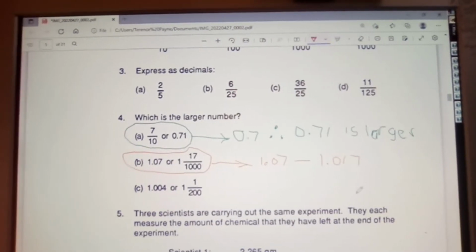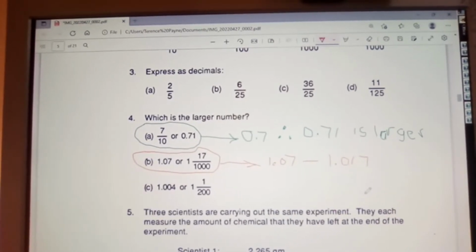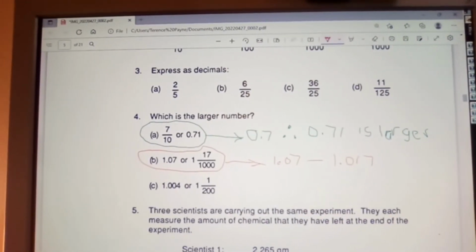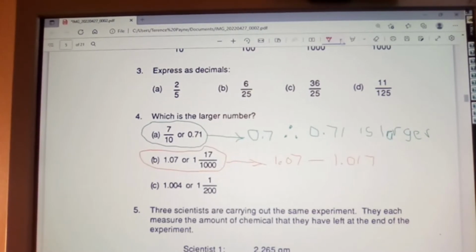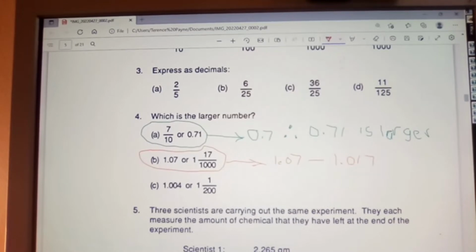So therefore, which is larger? Change numbers, change colors. This is larger.